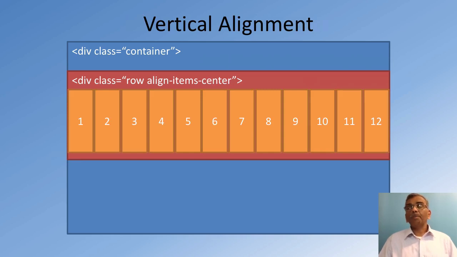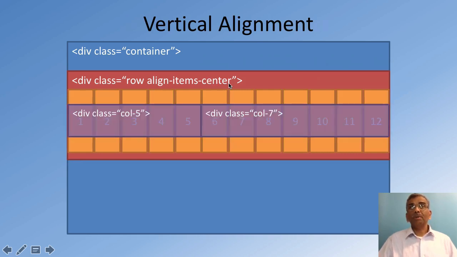So if you want the content to be vertically centered, then to the row you would apply the class called align-items-center. So in this case, whatever content is laid out will be vertically aligned within that particular row.